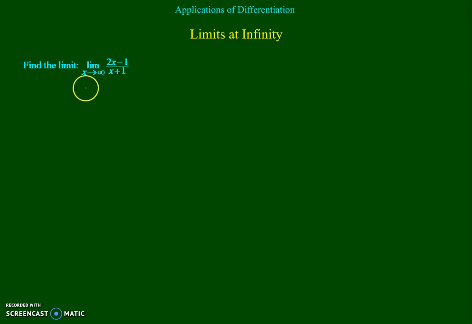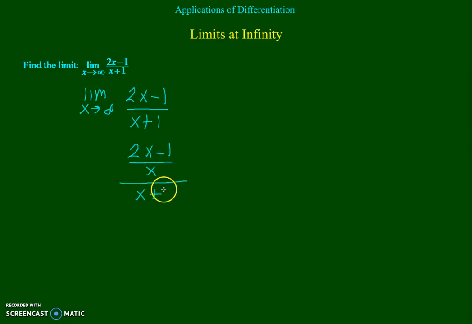So let's rewrite this. The limit as x approaches infinity of 2x minus 1 over x plus 1. And what I'm going to do is divide the numerator and denominator by x. So this is 2x minus 1 divided by x all over x plus 1 divided by x.